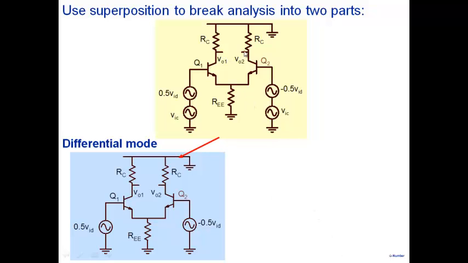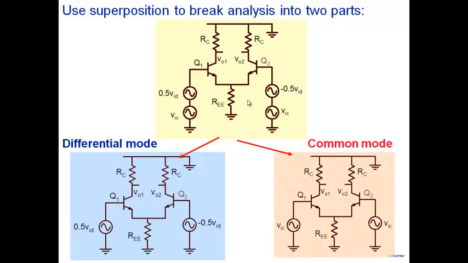We know that V01 will result from the four voltage sources in the circuit: 0.5 VID here, minus 0.5 VID here, VIC here, and VIC here. We can determine V01 first due to 0.5 VID and minus 0.5 VID, that is, due only to the differential voltage. Note that in this circuit there is no common mode voltage; the common mode between these two is 0, and there is only a differential signal. And we can solve the other circuit where there is only the common mode part.